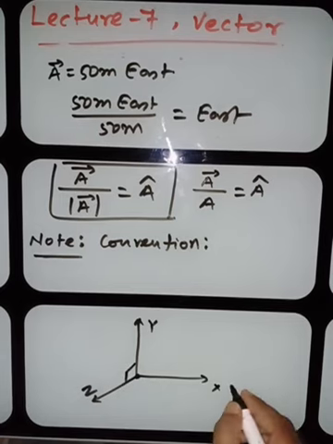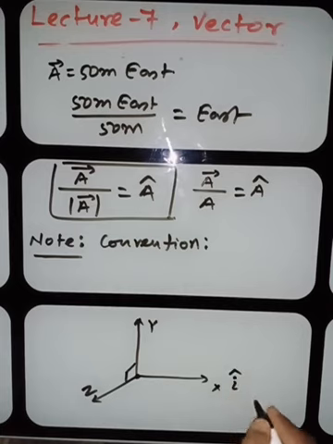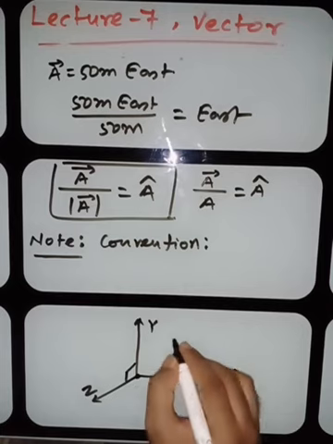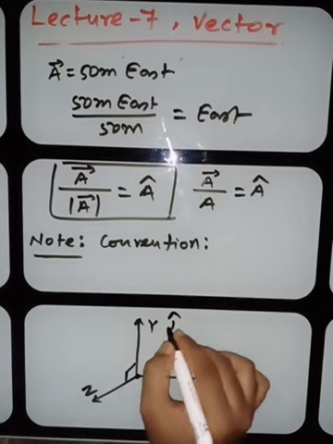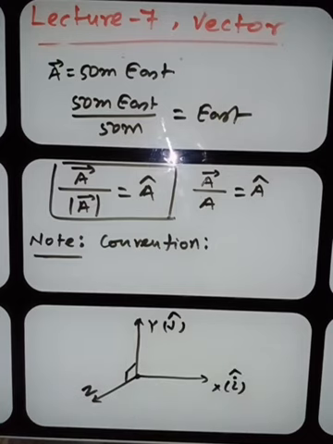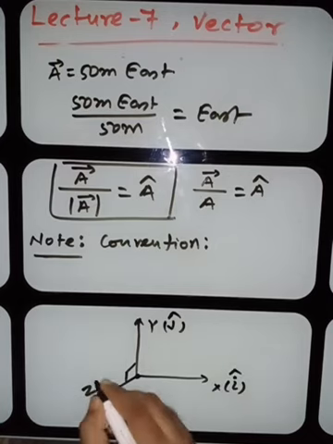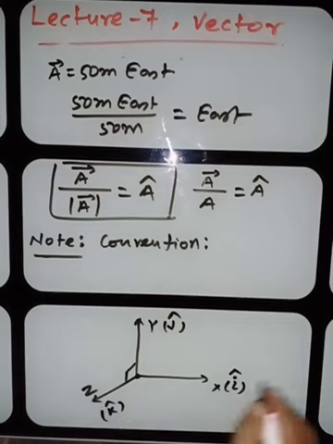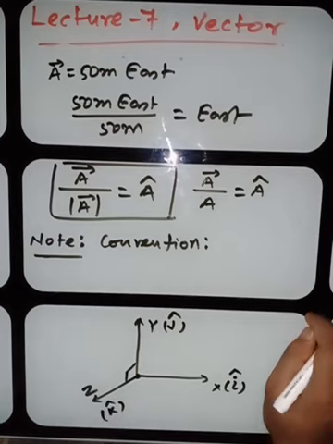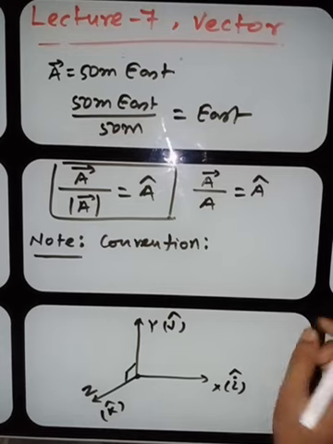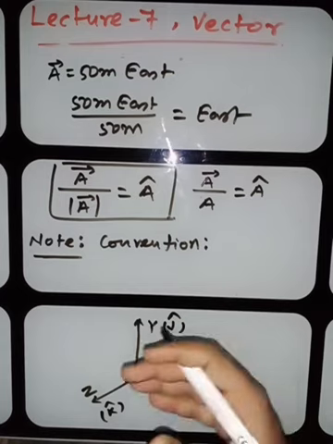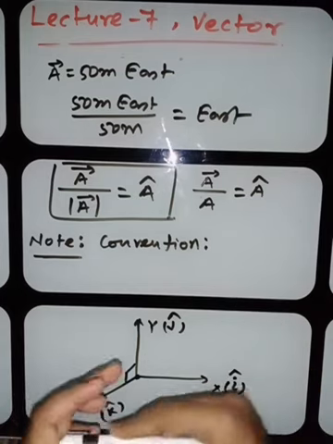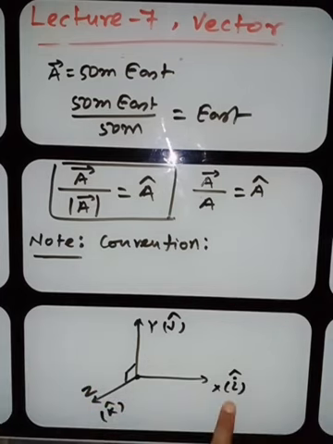Now, my dear students, unit vector i cap we use along the x-axis, unit vector j cap along the y-axis, and unit vector k cap along the z-axis. This is the convention. Remember, everywhere we use this direction only. Whenever you need to represent the direction along the x-axis, you will use i cap.